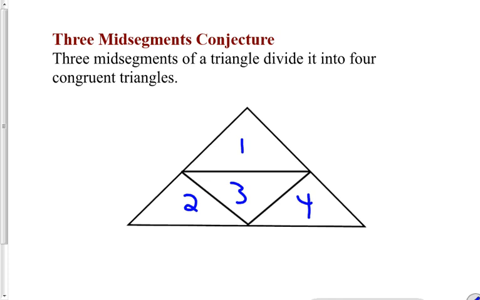Now you might be saying, well, Mr. E, you told us don't assume something is true just because it looks like it's true. Well, we're going to come back to this in a couple minutes, and I'm going to show you how we could prove that this is true. We won't do the whole proof, but we'll talk about what that argument would look like.